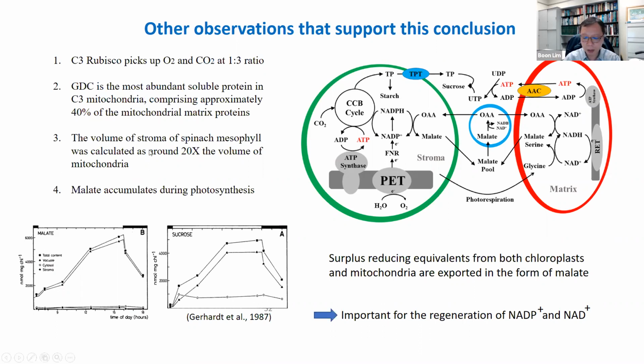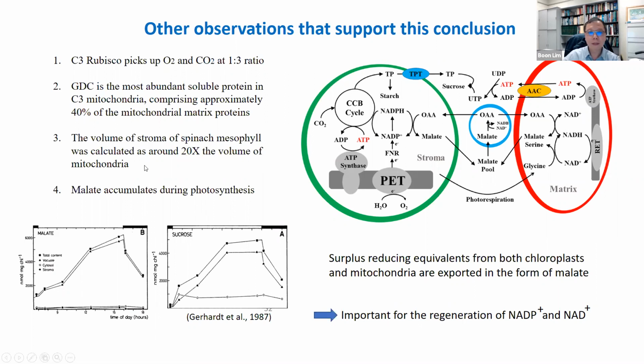And if we compare the volume of chloroplast and mitochondria in a plant cell, it has been calculated that the volume of chloroplast in spinach mesophyll is about 20 times the volume of mitochondria.